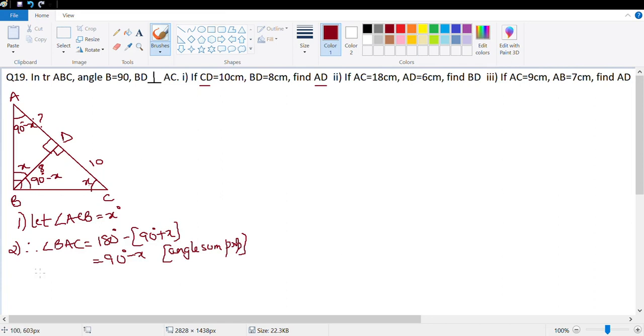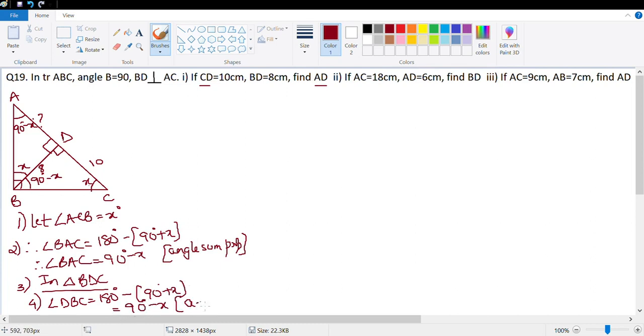Therefore angle BAC is equal to 90 degree minus X. Now in triangle BDC, point number 4, we have angle DBC is equal to 180 degree minus 90 degree plus X. That would give us 90 degree minus X. Again, angle sum property.